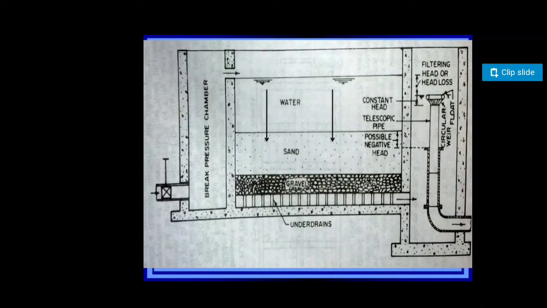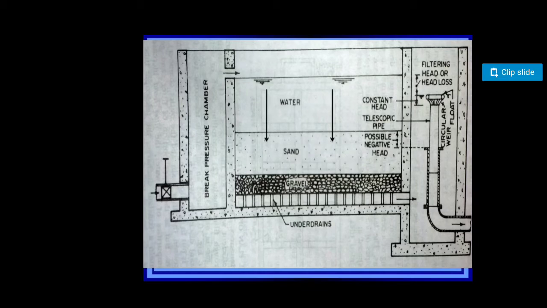The influent is not coming from one source only, it is coming from multiple sources. So there is a chamber called the break pressure chamber, which is provided on the side of the filter to maintain a constant pressure and a constant flow into the system, right?